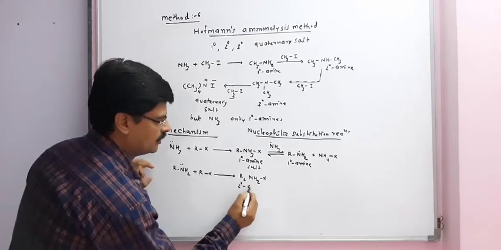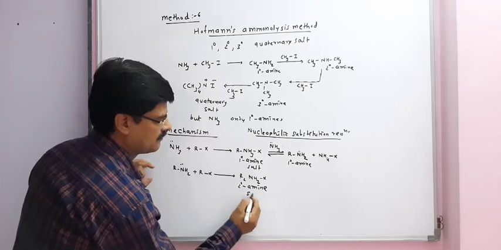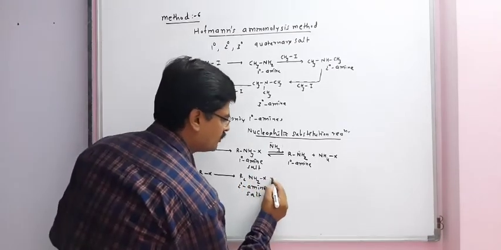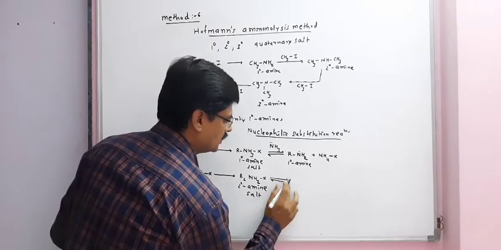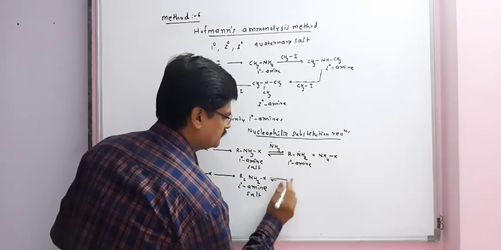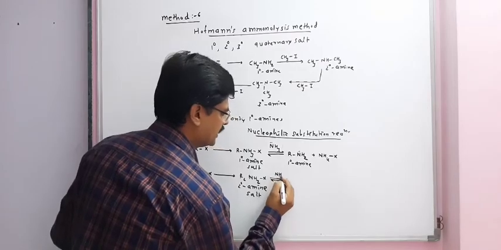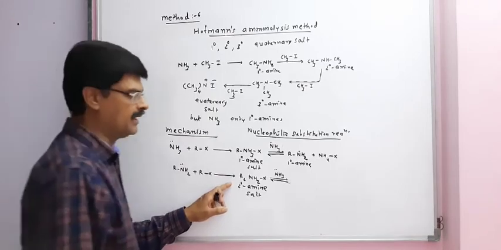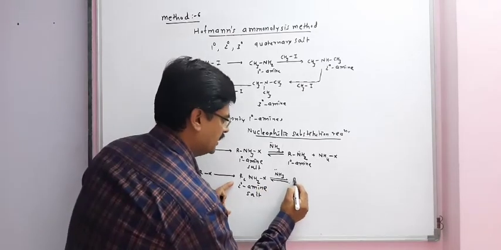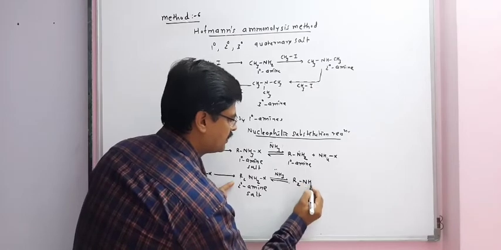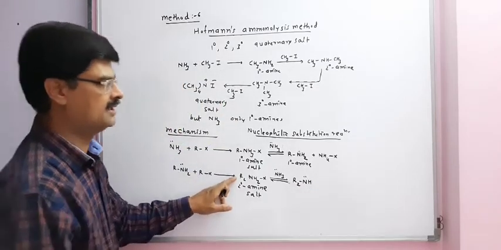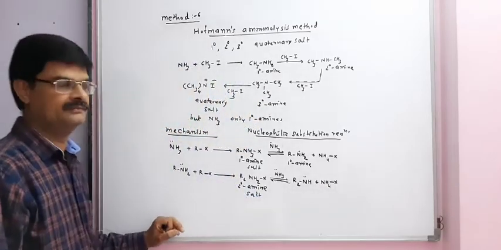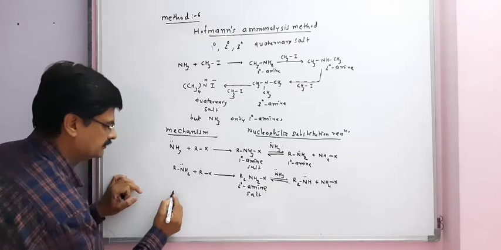This is a 2-degree amine salt. This secondary amine salt with ammonia gives R2NH, and NH4X is again liberated.